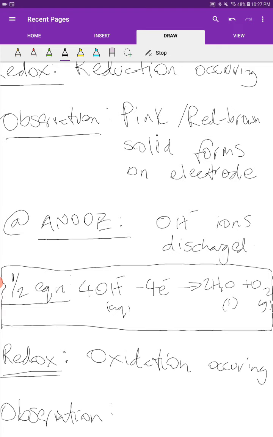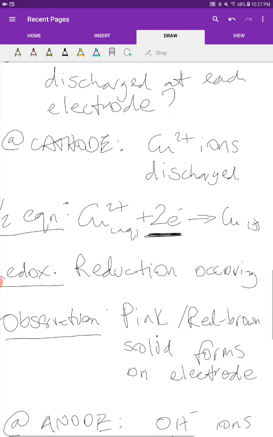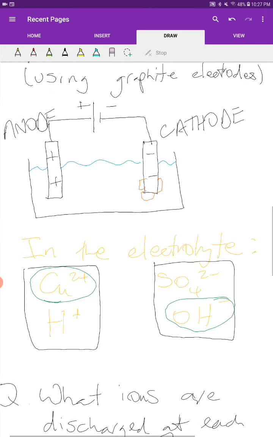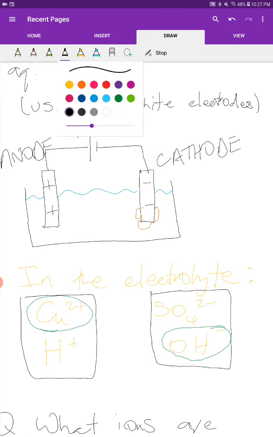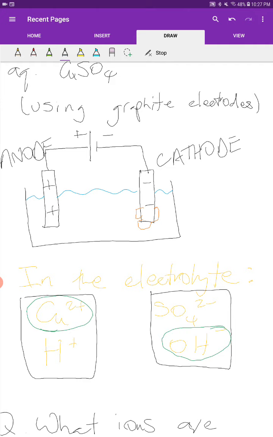Well, oxygen gas is being formed, and whenever a gas is produced, you see effervescence. In this case, you're going to see bubbles of a colorless gas coming off around the anode.